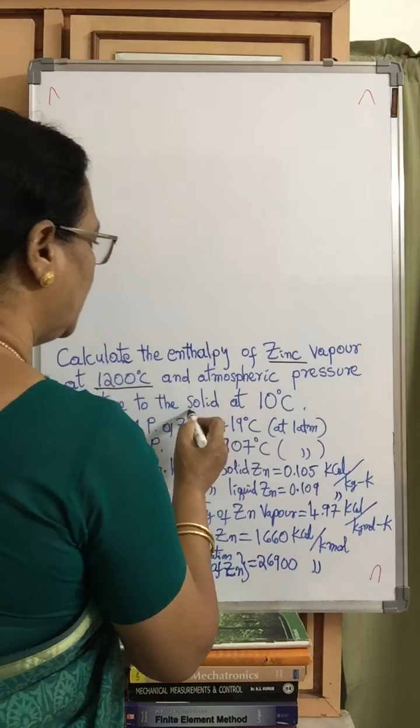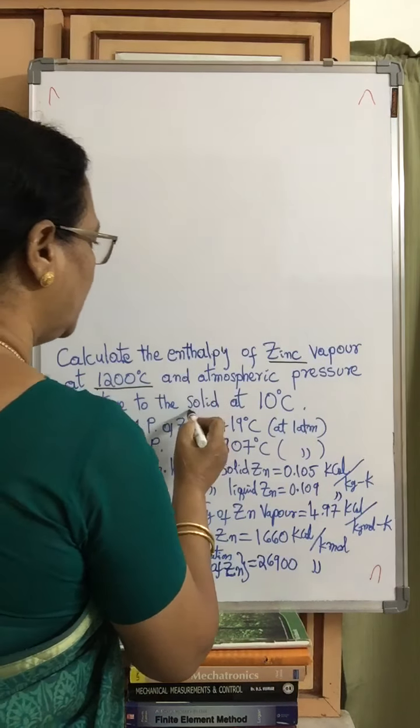So all the heat that we have supplied will be gained by this vapor, and this vapor will be possessing that heat content. That only is called the enthalpy of zinc vapor, because in industries it is required. We may have solid form, but we want to convert it into vapor form.